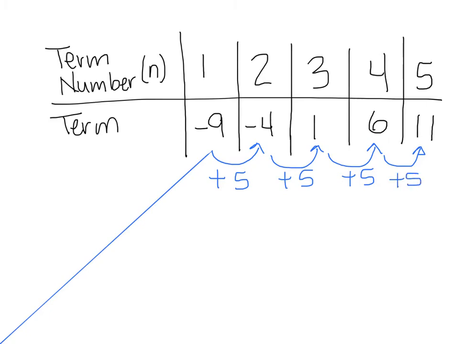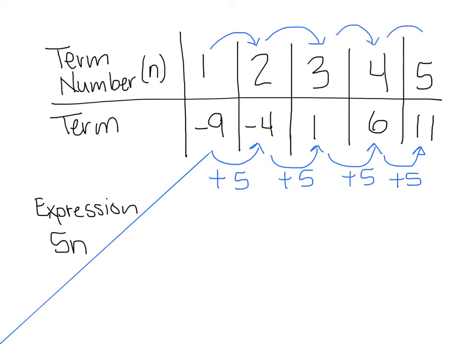Okay, this implies that my expression should be 5n. My common difference in the term numbers, we didn't look at that, but of course that is quite obvious. I'm increasing by 1 each time.